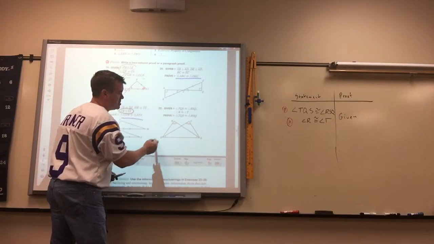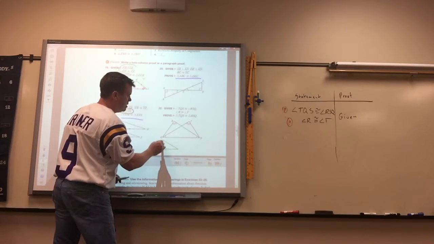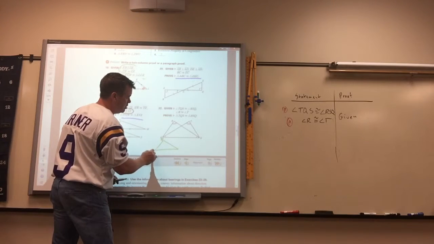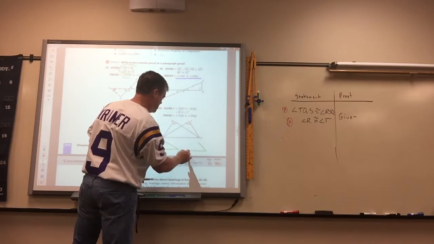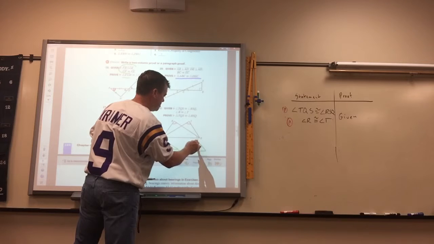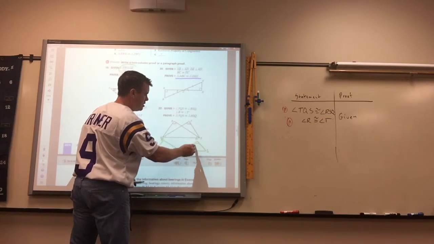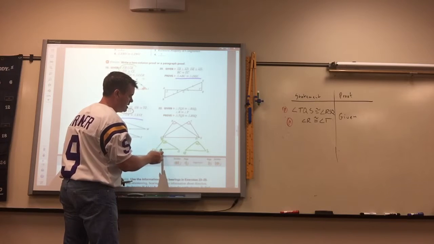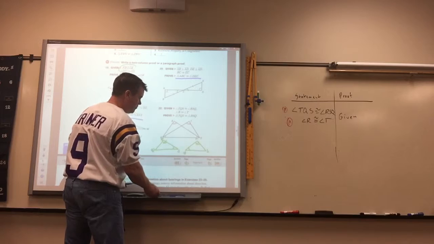If you could split these up, this would be triangle RQS, and then this would be TSQ. They tell us that these two are equal, and that this angle here equals that angle there.